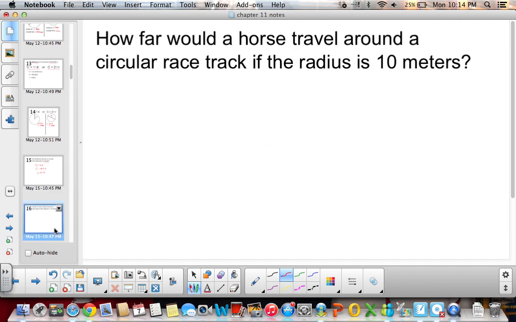Okay, I want you to solve this one on your own. How far would a horse travel around a circular racetrack if the radius is 10 meters? Pause me and solve this really fast. So because we're given the radius, we're going to use C equals 2 times pi times the radius.